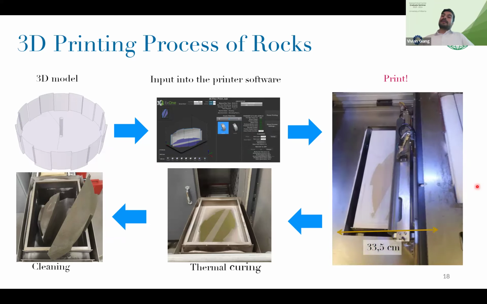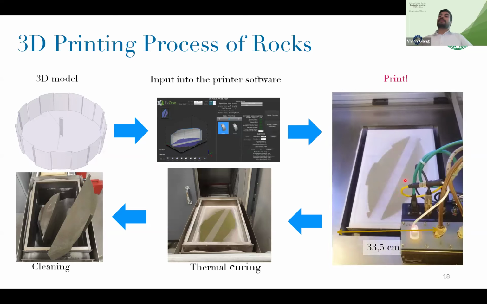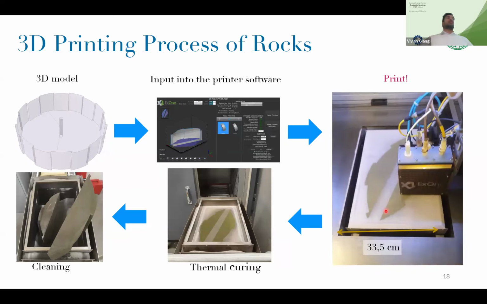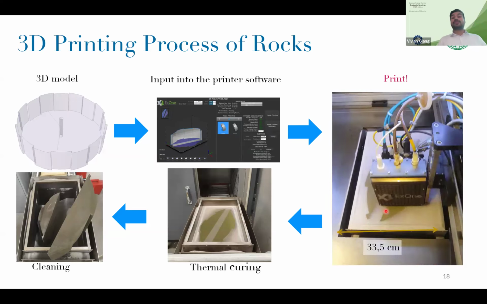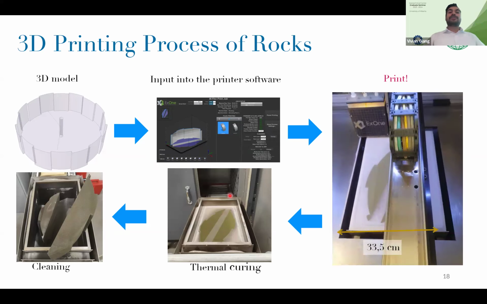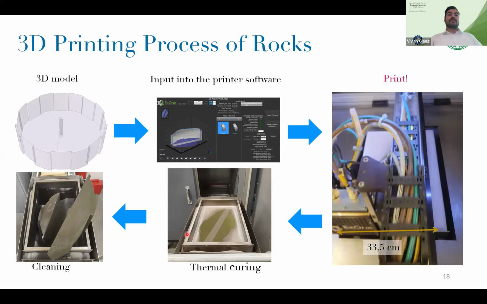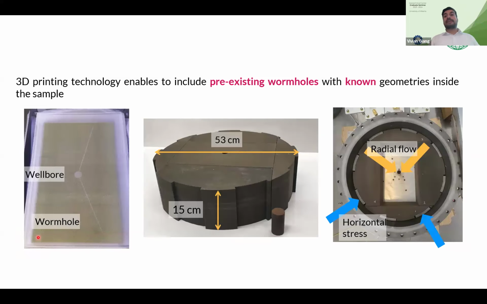These go back, and now the next layer of the printing comes. I mean, the head of the printer comes and prints the next layer. So printing layer by layer, you are constructing a geometry, right? A 3D sample. Here you go. After we do this, we do a thermal curing, and after that, just clean and you have the sample.